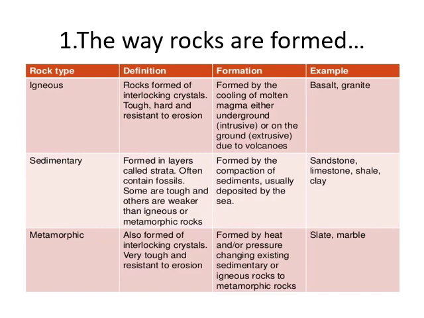The first thing a geologist considers in order to understand the rocks is the way how they have been formed. There are three basic rock types: the igneous rocks, the sedimentary rocks, and the metamorphic rocks. Igneous rocks are the rocks which are formed of interlocking crystals. These are tough, hard, and resistant to erosion.